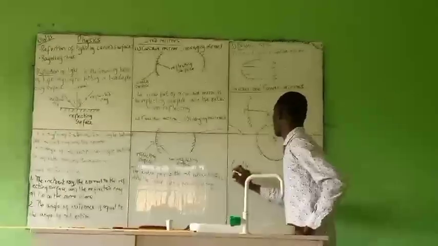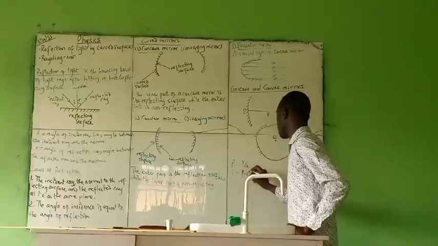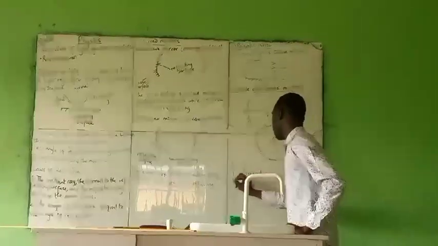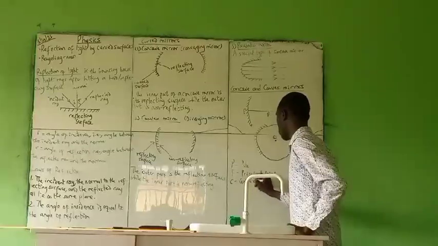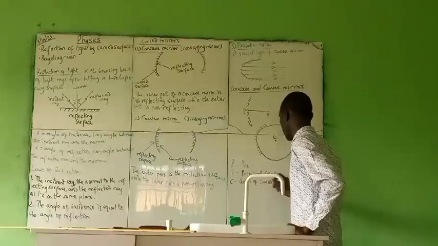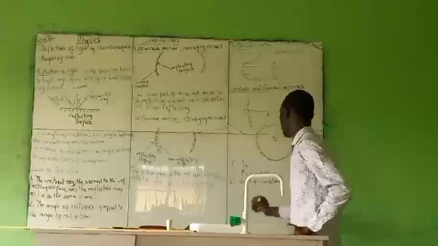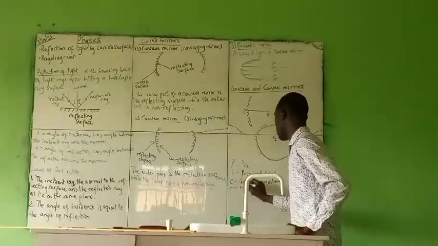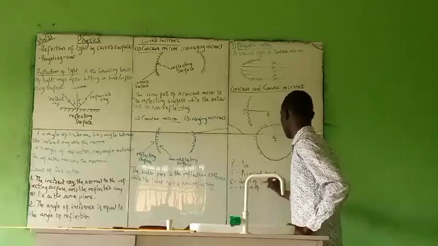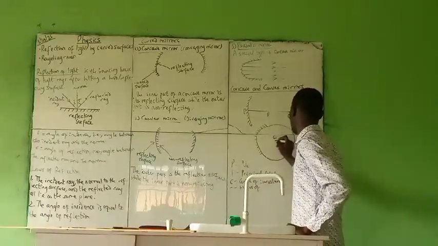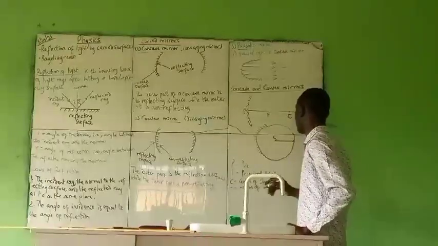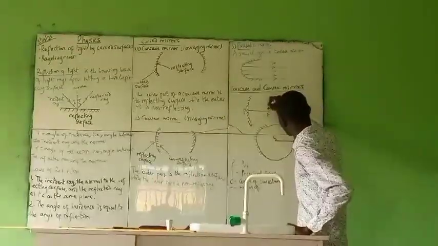P is the pole. C is called the center of curvature. What else do we have? There is R, which is called the radius of curvature. That's the distance from here to here. Yeah, that's it.